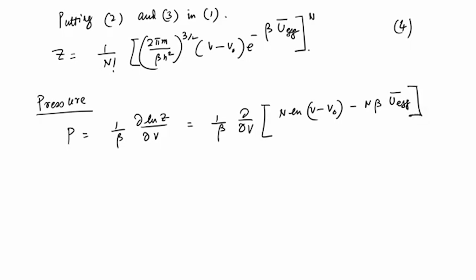So, they nicely factor out, and we get this thing as NkT.